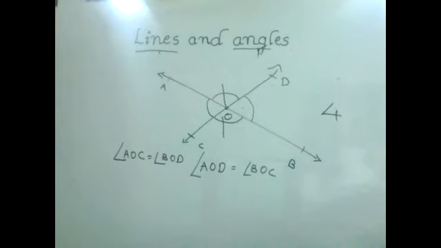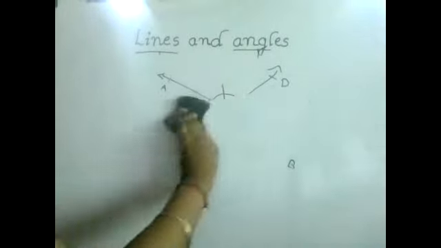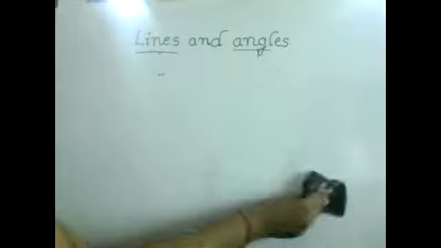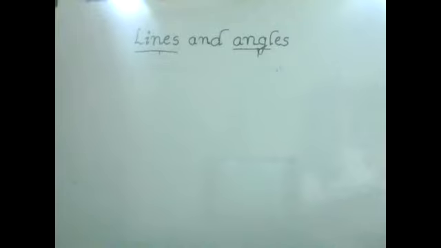So in this class, we have seen what a line is and the types of line, and what a line segment, ray and angle are. What is an angle? When two rays originate from a common point or meet at a common point, the angle formed between them is known as an angle.